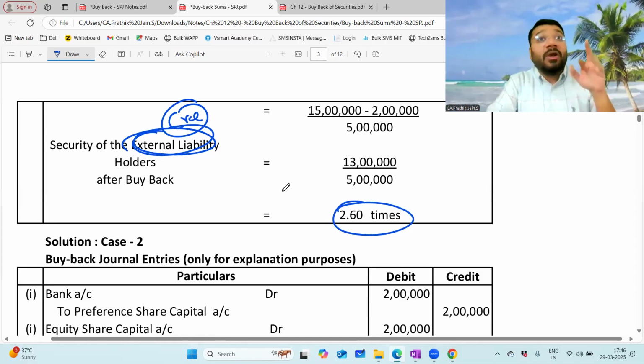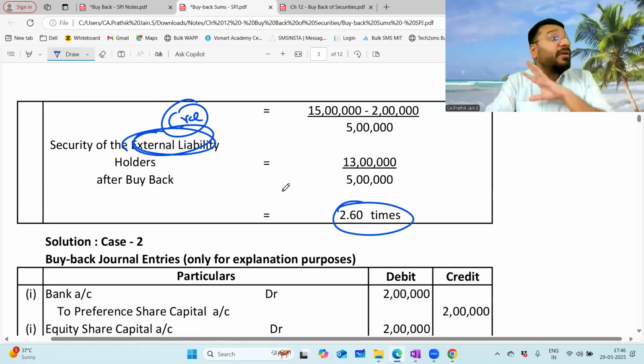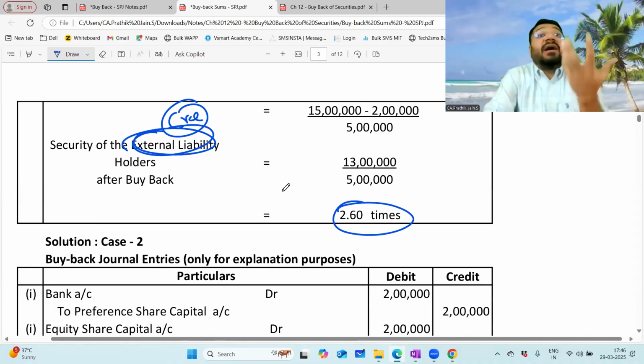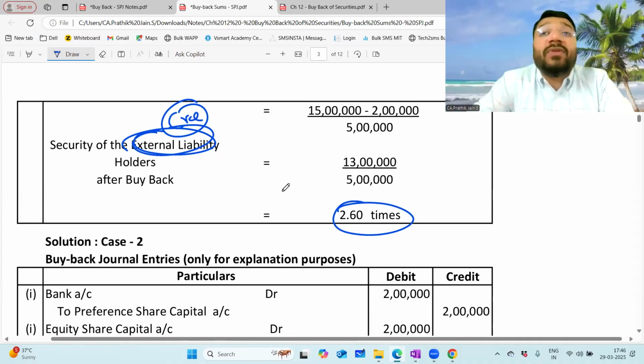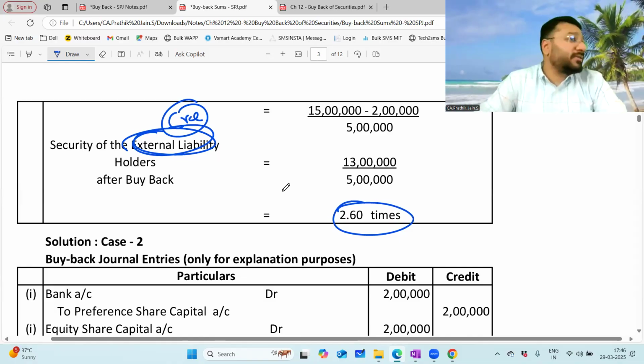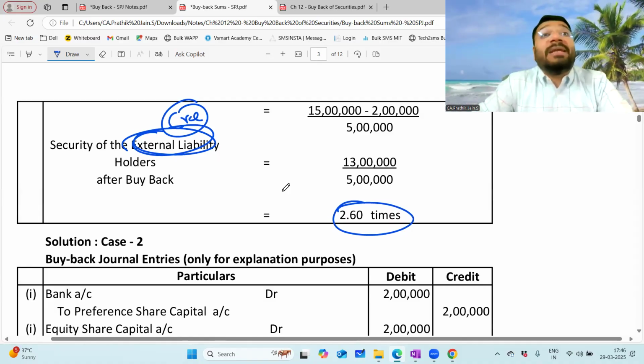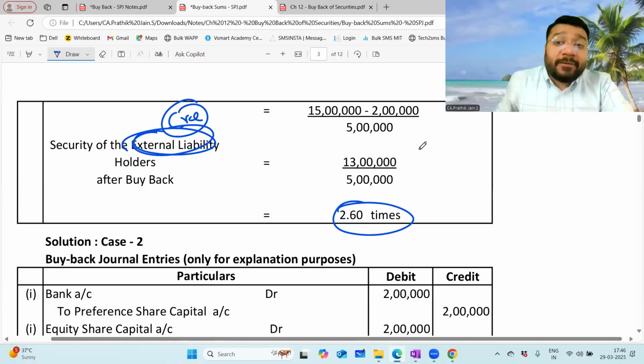Something is wrong in the company. Oh, maybe after 2 years, the company will slowly wind up. Then whatever money I gave now will not come back to me. Like that, a fear is getting created in the minds of the external liability holders. Am I loud and clear? So now, is it not the responsibility of the companies to come and intervene? Because if the buyback is done, who is crying?